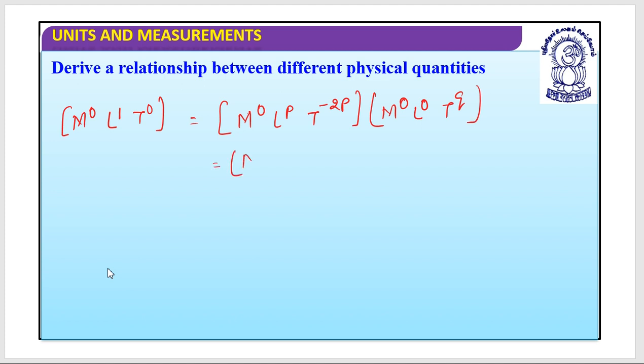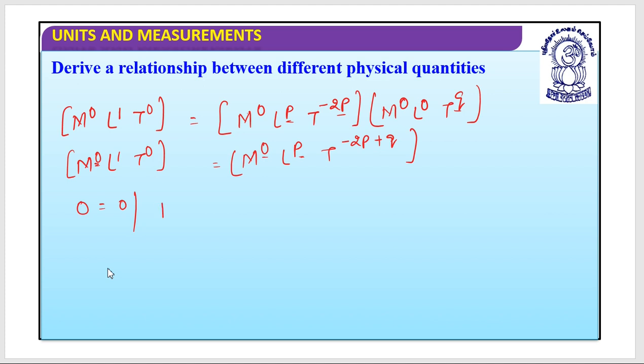Let's multiply this. This is M0, this is p, this is 0. So this is L to the power p. This is T to the power minus 2p plus q. And this should be M0 L1 T0. So here it is 0, so 0 equals 0, that we know already.